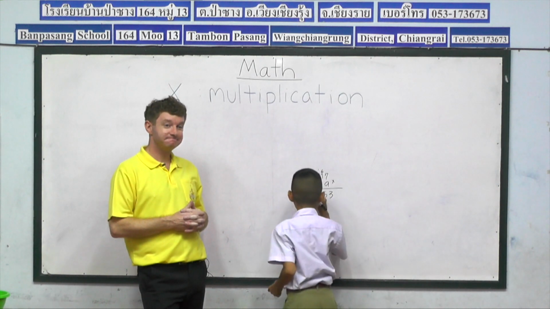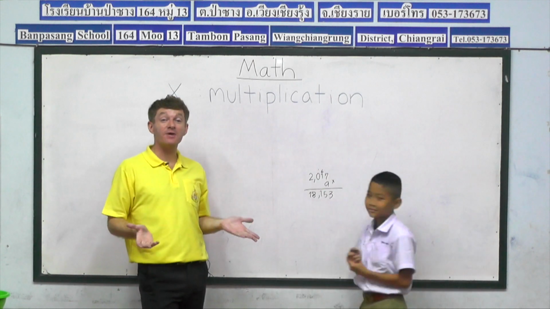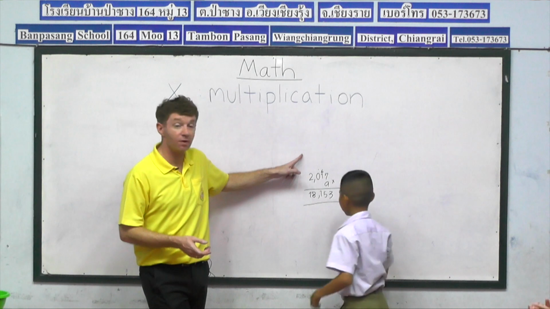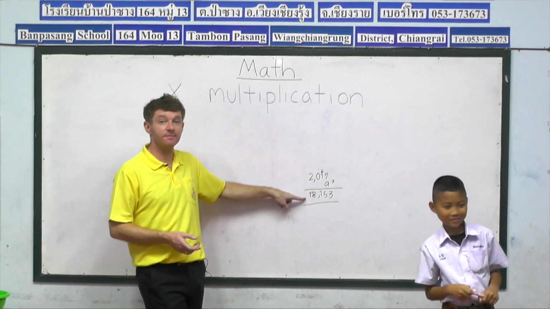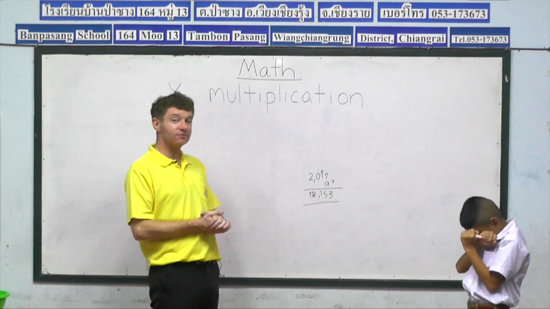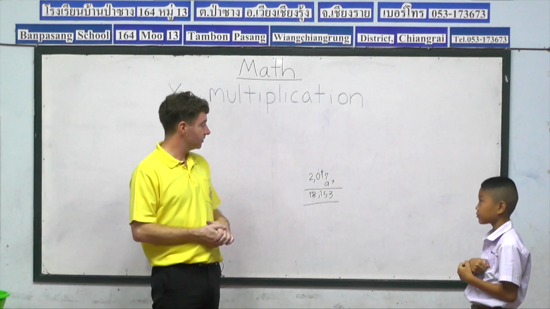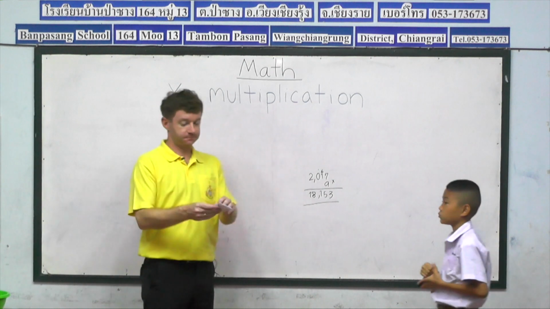Okay. Excellent. So now we have our answer. Notice with our final column, if it's more than 10, we don't have to regroup. We can simply write the answer. And now we have our answer. 18,153.